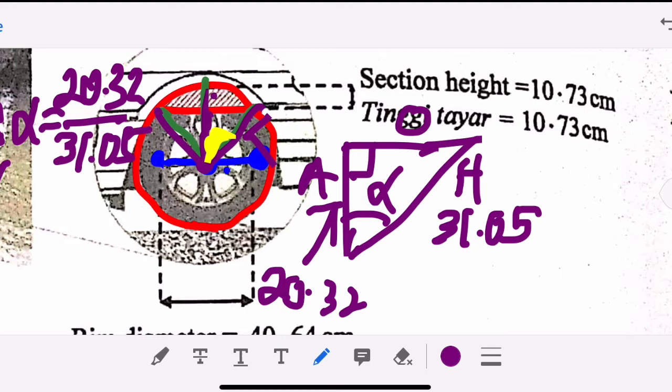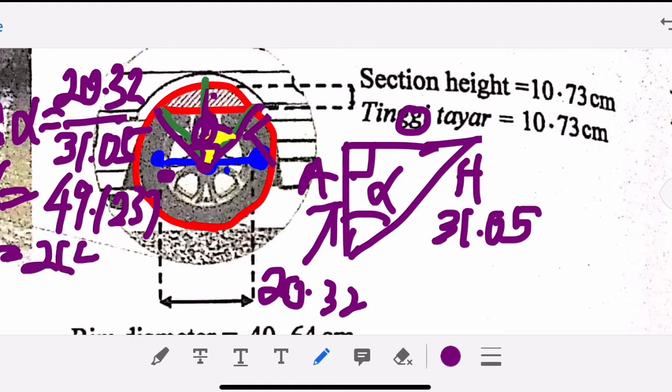If you press your calculator, let's press together: 20.32 divided by 31.05, then shift cos, and you get the answer 49.1237 degrees.